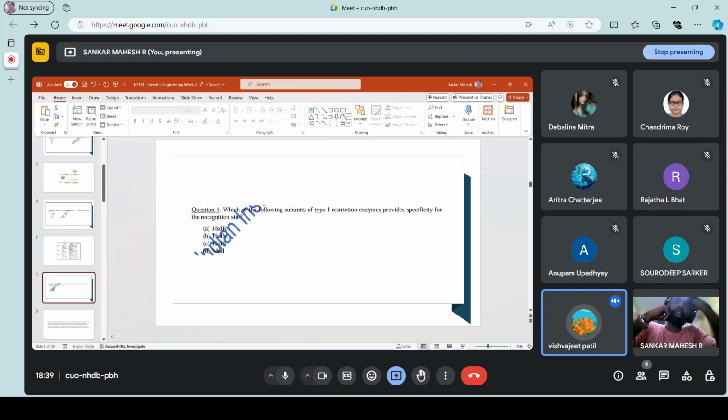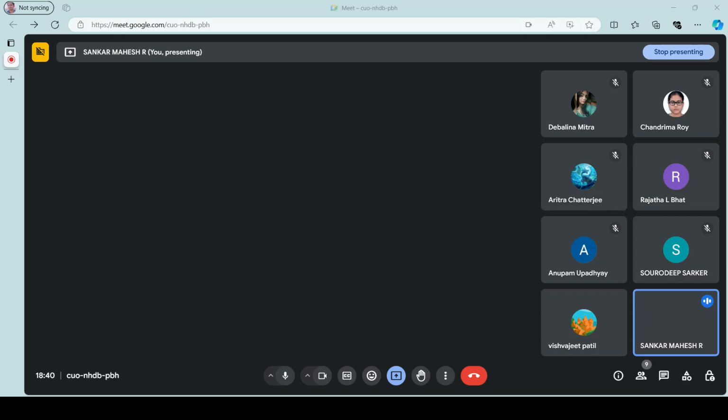What are the modifications that a DNA can undergo? You can take a look at this. Here we also talk about what is there in the complex. An endonuclease is there and a methylase is there. So what do you think is the possible modification that could happen?